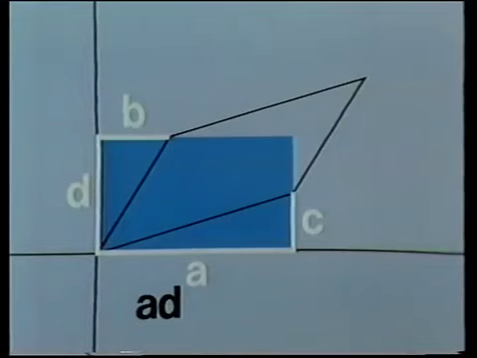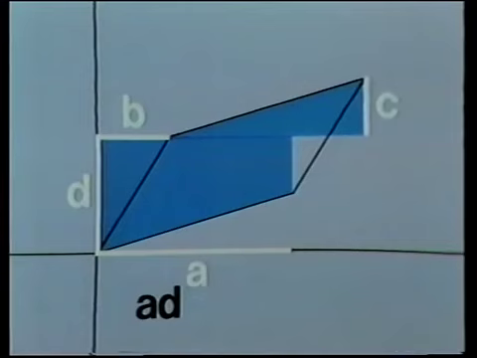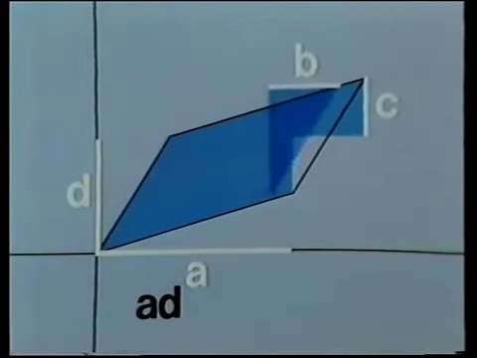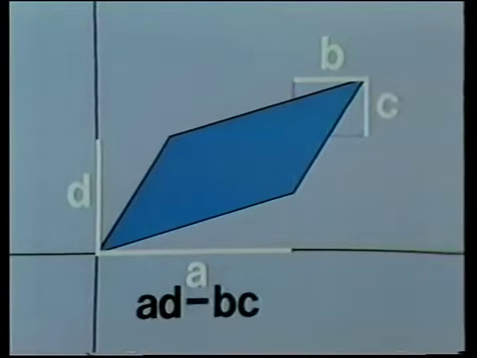Let's move part of the rectangle around. Now we've coloured in the parallelogram and some more besides. But if we take away the small rectangle BC, we're left with just the parallelogram. So its area is AD minus BC.